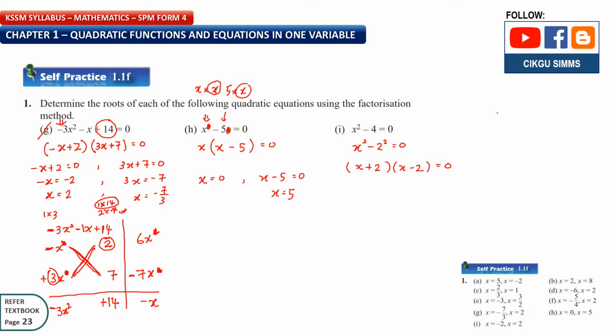This is from the formula a squared minus b squared equals (a plus b)(a minus b). So for this question it is x squared minus 2 squared, so you can write (x plus 2)(x minus 2). So this is the factorization.